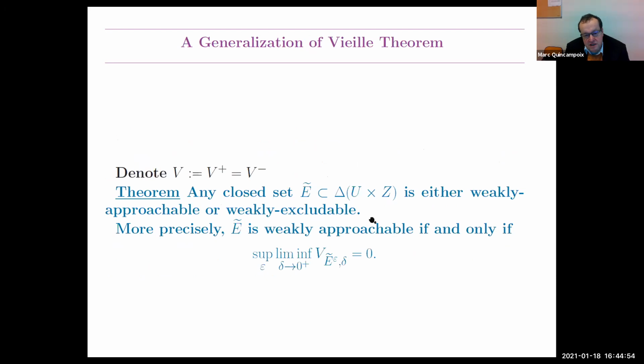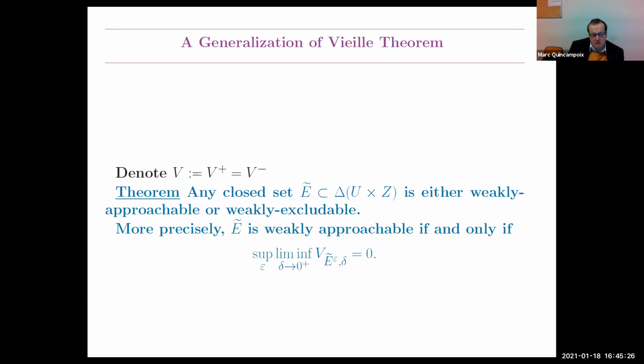Any closed set E tilde is either weakly approachable or weakly excludable. And more precisely, it is weakly approachable if and only if the supremum over epsilon of the limit of the value function defined previously for delta and E epsilon tilde, an epsilon neighborhood, is equal to 0. When this quantity is equal to 0, it is weakly approachable, else it is weakly excludable.